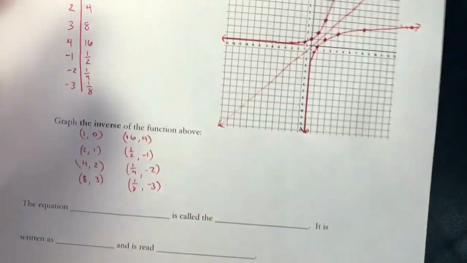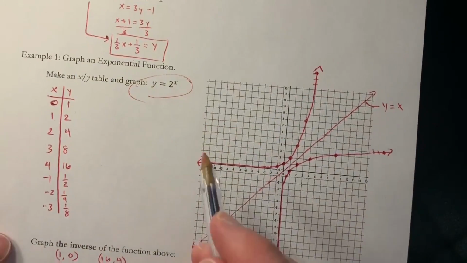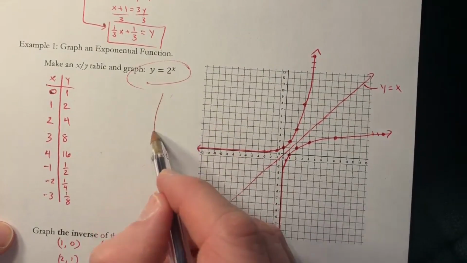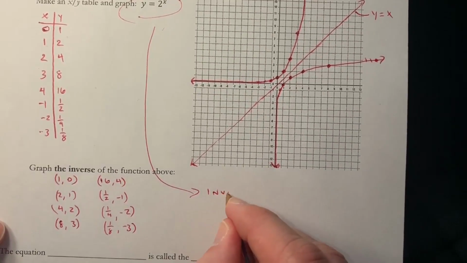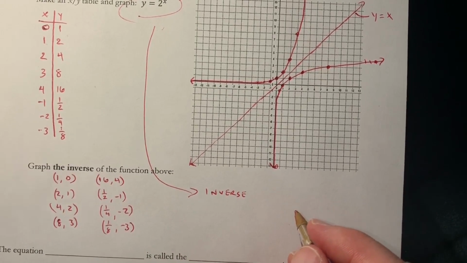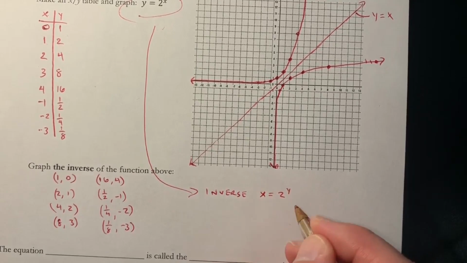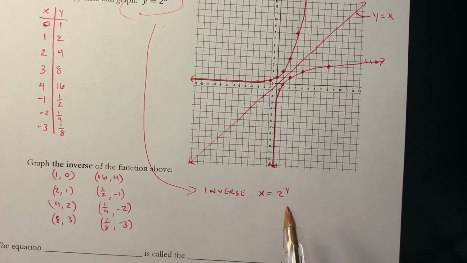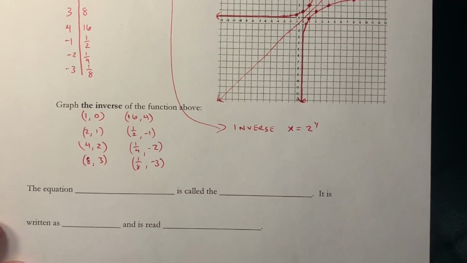Okay, so the equation of the original function, its inverse has an equation of x equals 2 to the y power. Okay, so we just switched the input and the output, the x and the y.